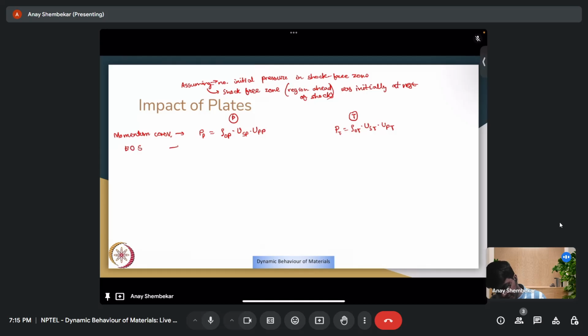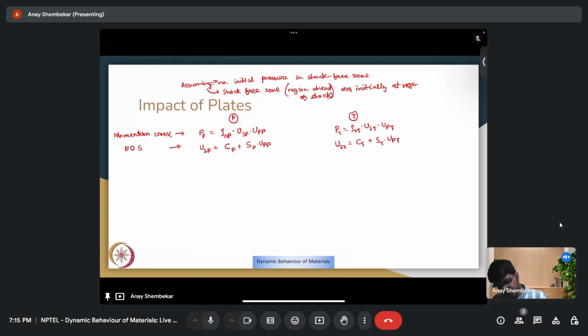The second equation is the equation of state. We'll assume a linear relationship between shock wave velocity and particle velocity. We have already seen this form: U shock projectile is C projectile plus S projectile U particle of projectile, and U shock target is C target plus S target U particle of target.